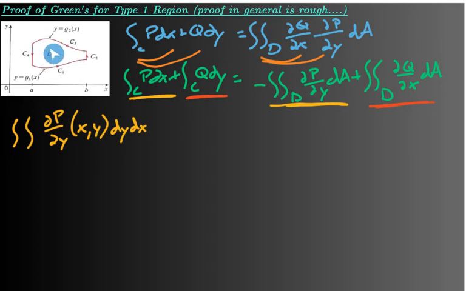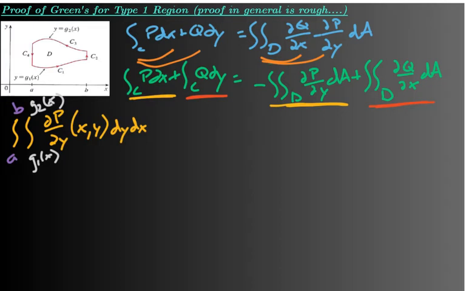So being a type 1 region, we have G1 and G2, functions of x, as the bounds for y. So we've got G1 of x down here, lower function, G2 of x up here, upper function. And then we've got a and b for the x bounds, okay?